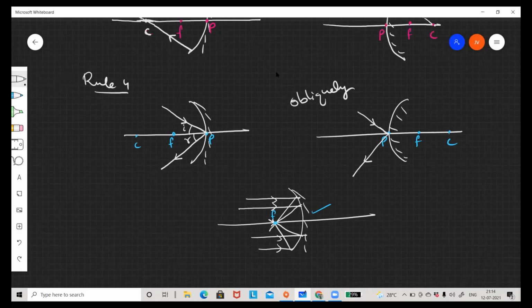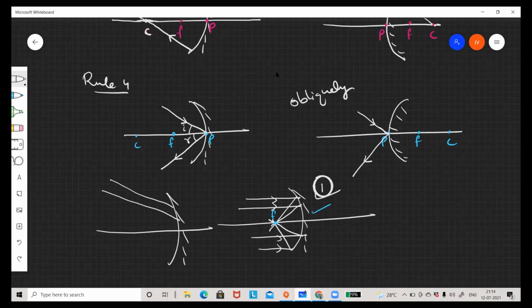Similarly, you see the same case, a concave mirror with a parallel beam of light rays. In the first case, the parallel beam of light rays were parallel to the principal axis, so the image formed on F. But if the parallel beam of light rays are incident on the mirror but not parallel to the principal axis, then also an image should form.